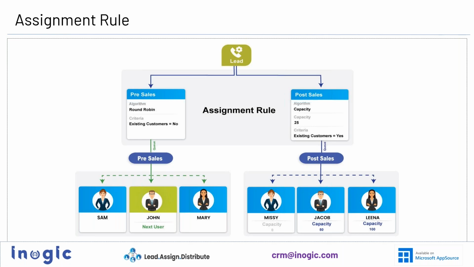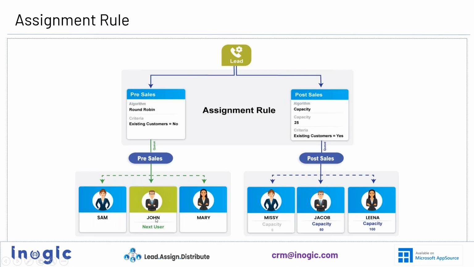So as soon as Sam, John, or Mary moves their lead record from open state to, let's say, qualify or disqualify, they will again be eligible for the new leads that are being created. Now, in case all the three resources, Sam, John, and Mary, are occupied with 10 records, then the new leads that are being created would sit in the pre-sales queue.